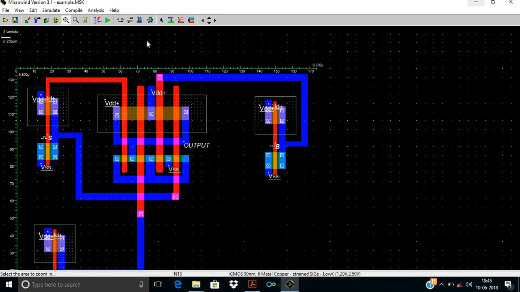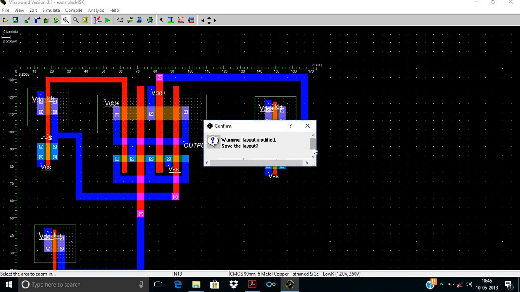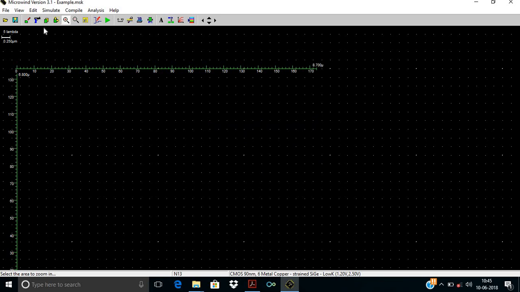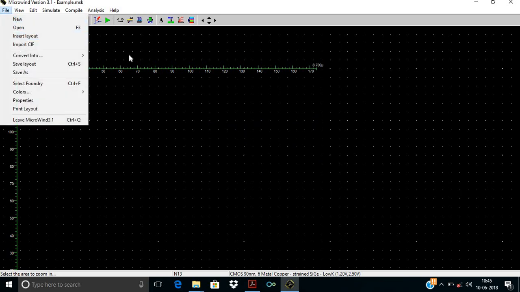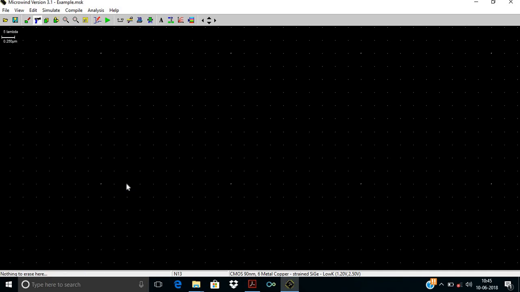Let's see how to draw this again. Okay, I will take a new design, new transmission gate. Okay, let's start with this.